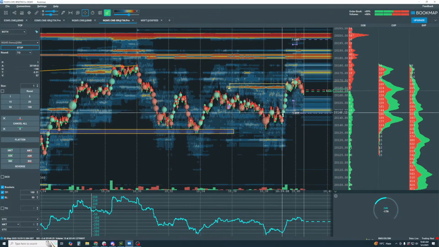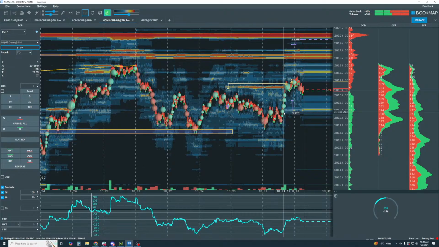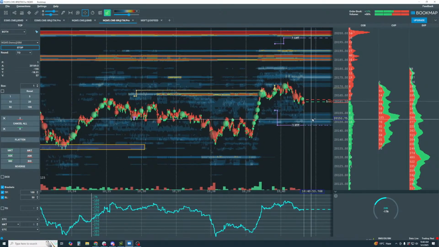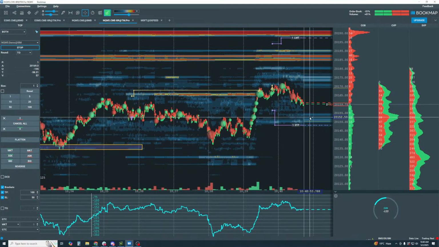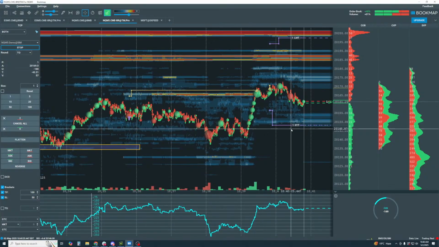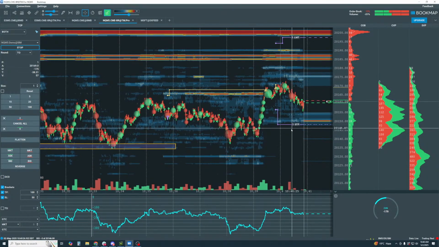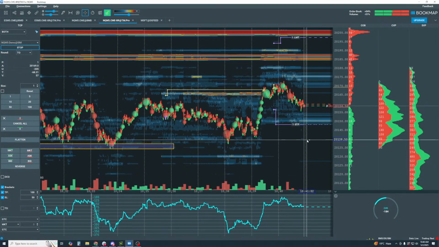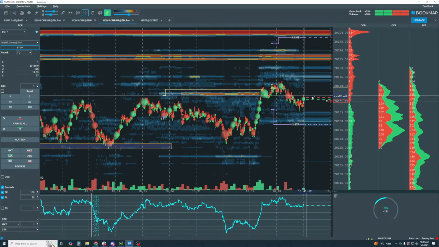Okay, and I move my stop back down to here where those buyers came in. Okay, here's some more buying.